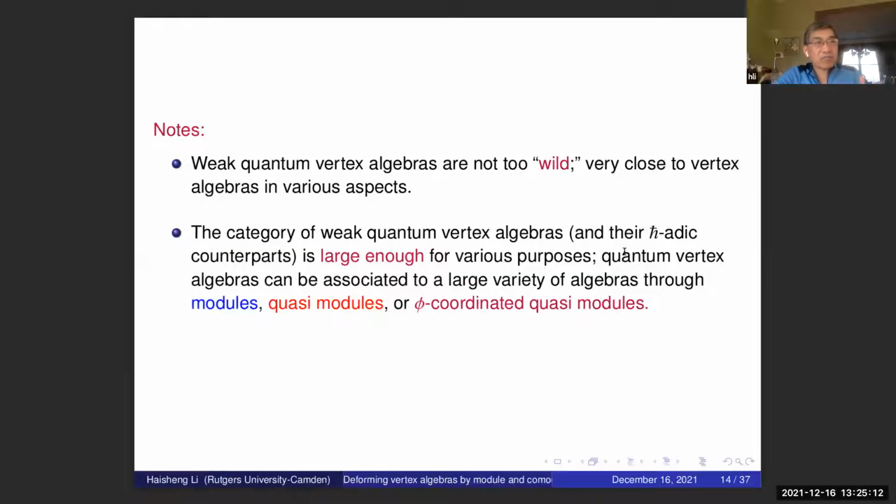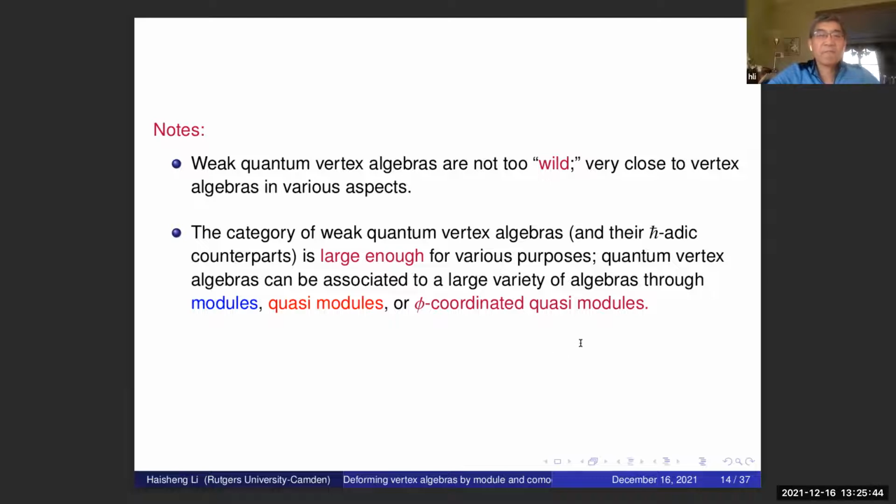That's one direction. The other direction: not too wide, but also not too narrow. You want this to be large enough. We have something in mind, and we want to make sure we can associate quantum vertex algebras to the various algebras we are interested in. So two directions: not too wide, but make sure it's not too narrow.